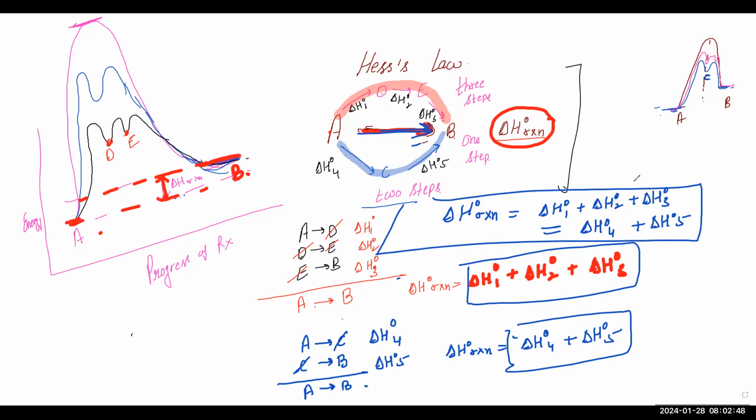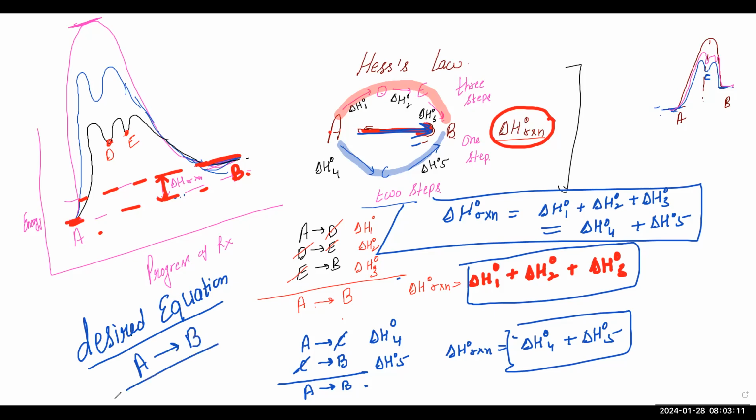You just add all the steps, do the changes, add all the steps to get your desired equation. So I'll be using this word desired equation. Desired equation means the reaction which you want. Like here, my desired reaction is A to B. I want to calculate delta H naught reaction for this desired equation.